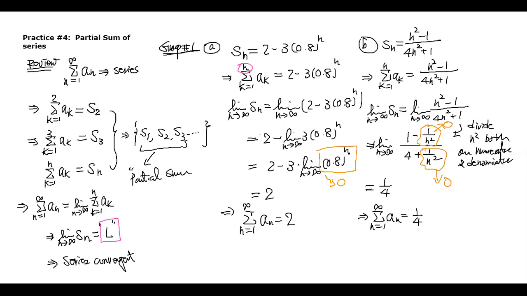And now let's take a look at part B, group 2 here. Group 2 wants us to calculate the first 8 terms of the sequence of partial sums. And then you look at whether it appears to be converging or diverging.